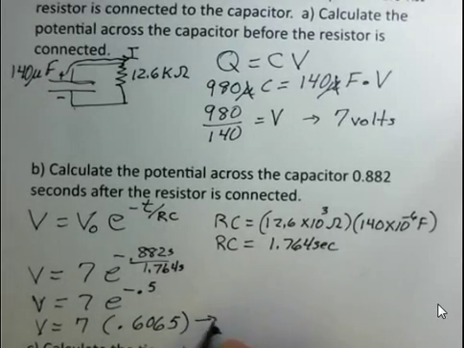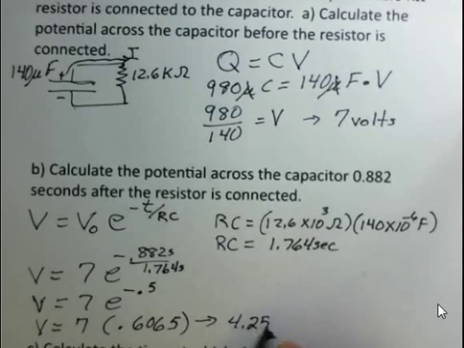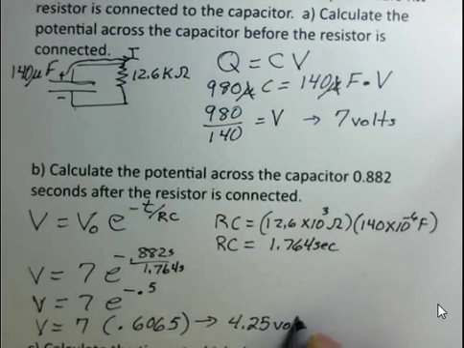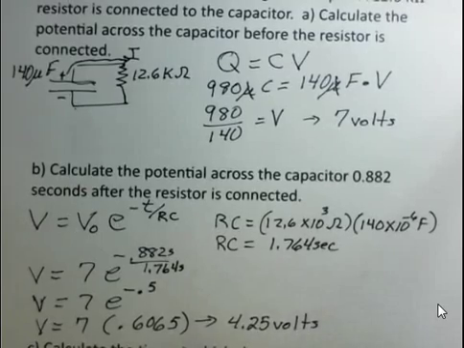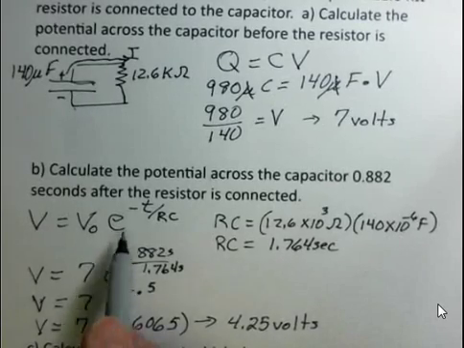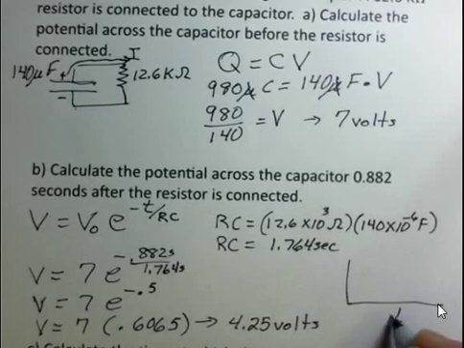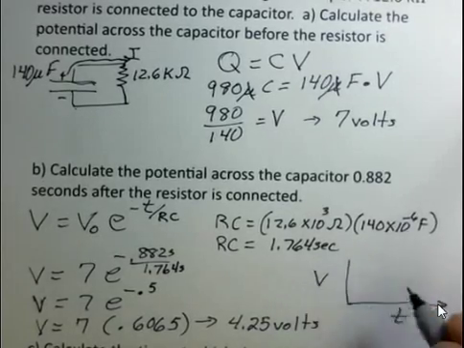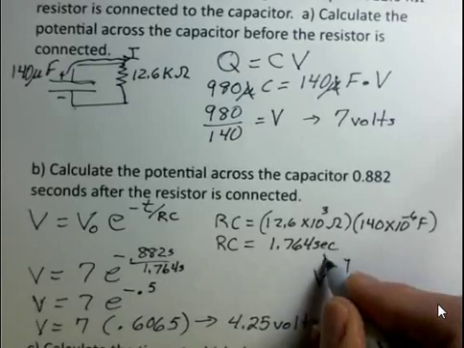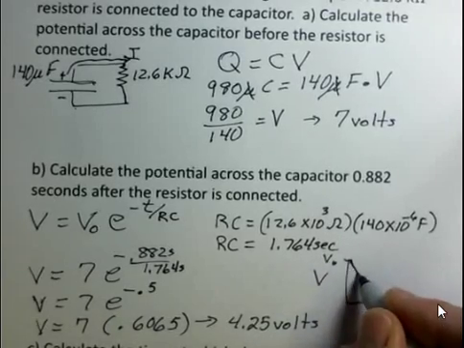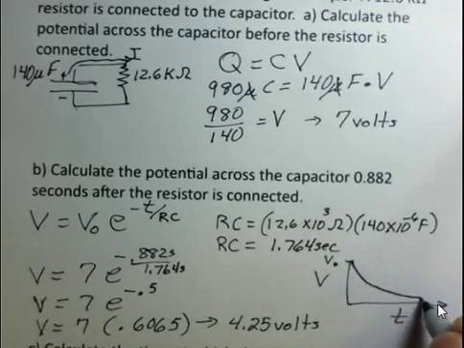And multiplying these two together, we find 4.25 volts, not 3.5. This is a nonlinear process. It's an exponential. And actually, the way the voltage is changing over time, the voltage of the capacitor starts at V0 and then follows an exponential curve down towards 0.